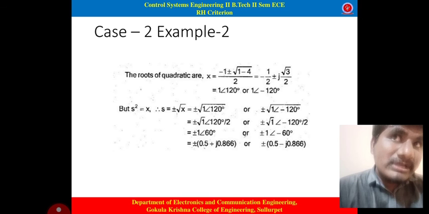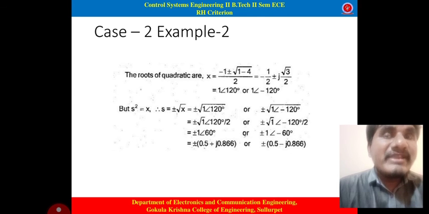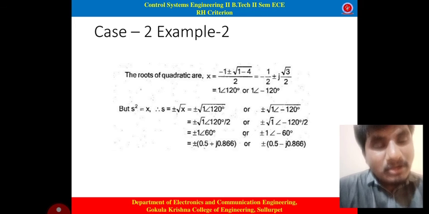So even though there are no sign changes, there is a possibility of instability. Understand? So whenever you are getting all zeros, we cannot simply ignore the solution of the auxiliary equation.